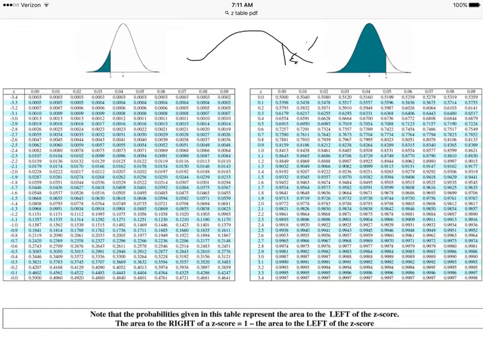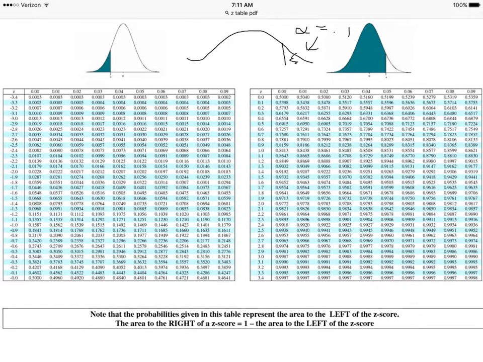Now you'll only reject the null if your z-test statistic ends up in this tail that has an area equal to alpha. Alpha is the level of significance, which in this case is 0.10. Well, the table of critical values only gives areas below.